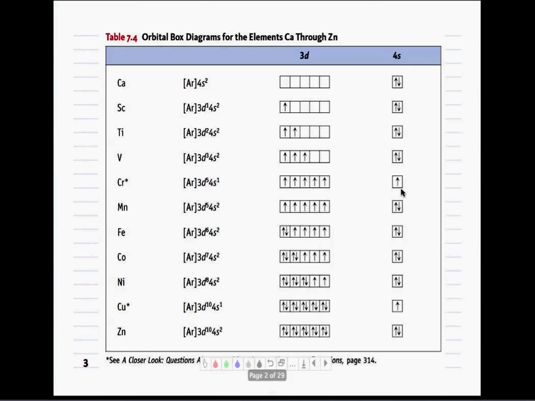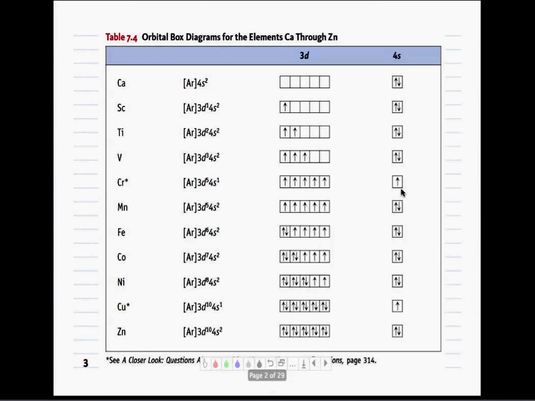We said that each orbital can accommodate a maximum of 2 electrons. If we put 2 electrons in the same orbital, they must have opposite spins. S can accommodate a maximum of 2 electrons, p 6 electrons because p has 3 orbitals, d a maximum of 10 electrons, and f a maximum of 14 electrons.